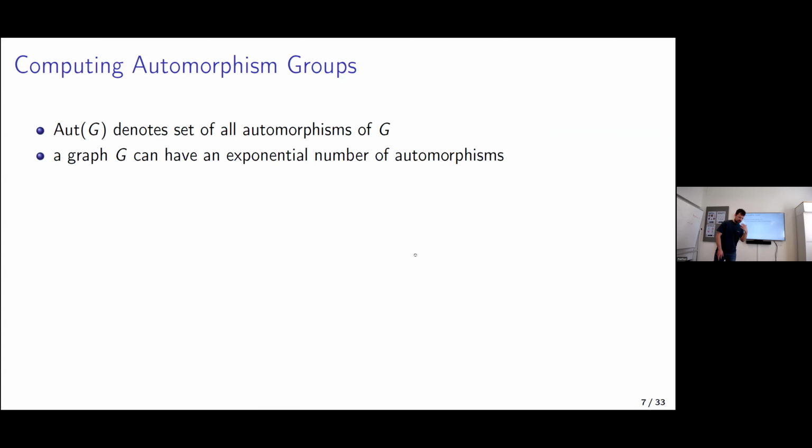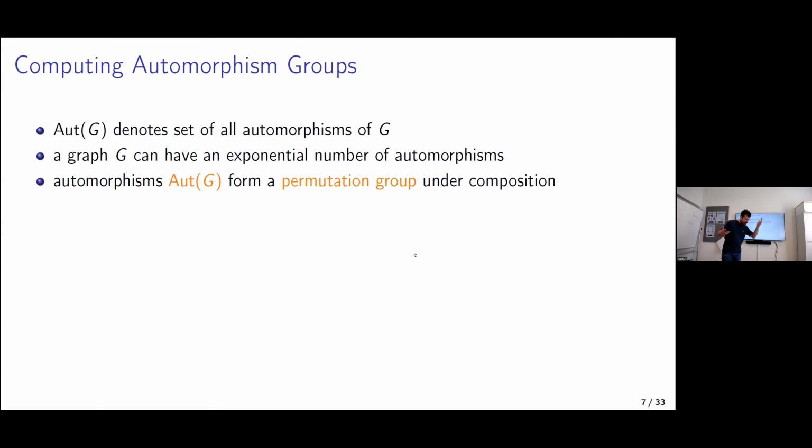So the graph to think about would be the complete graph. The complete graph has edges everywhere. So any possible permutation of that graph will be structure preserving because there are edges everywhere. So there can be n factorial number of symmetries in the number of vertices n. But this is kind of computationally challenging because we cannot enumerate this set for all graphs because it's just infeasible.